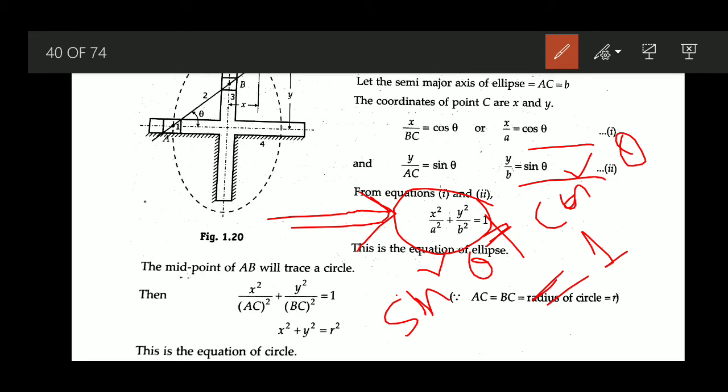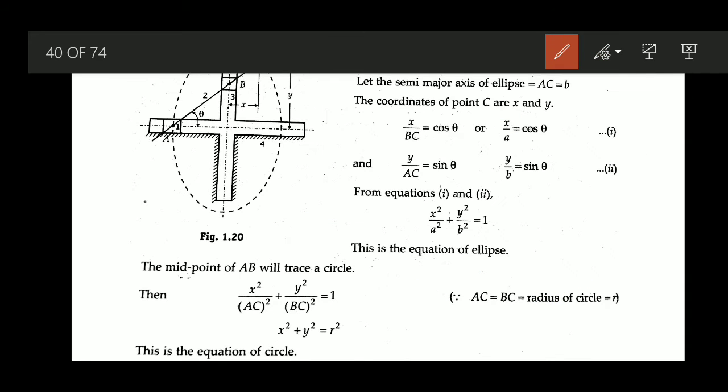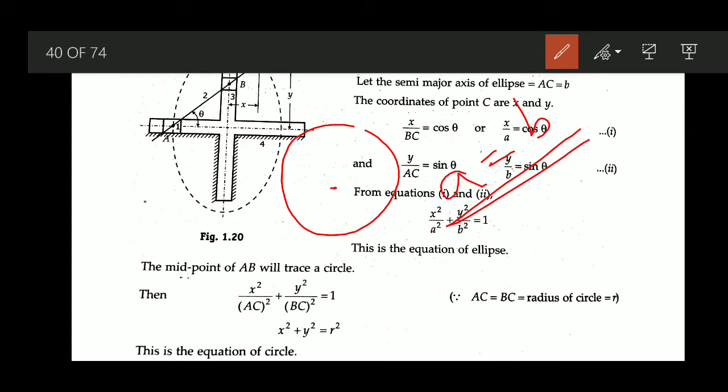Now we already know the circle can be considered a special form of ellipse where the semi major axis and semi minor axis are both the same, that is a equals b in the case of our circle. So let's consider AC and BC are the same and equal to the radius of the circle, r.